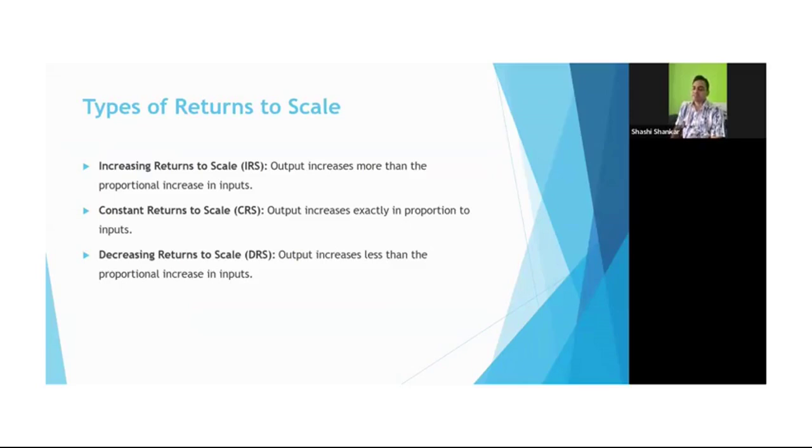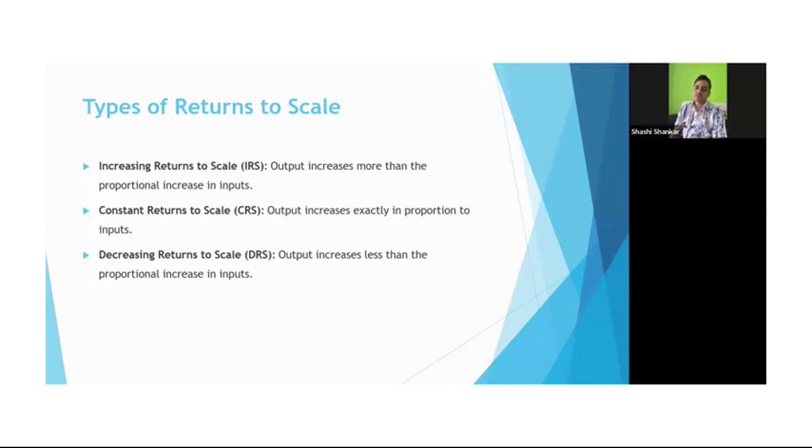Second one is constant returns to scale. Output increases exactly in proportion to input. So that is known as constant returns to scale. The first one is increasing returns to scale, that means output increases more than the proportional increase in input. Constant returns to scale means output increases exactly in the same proportion as the inputs.